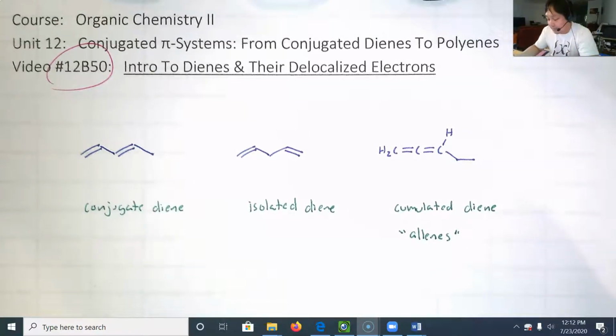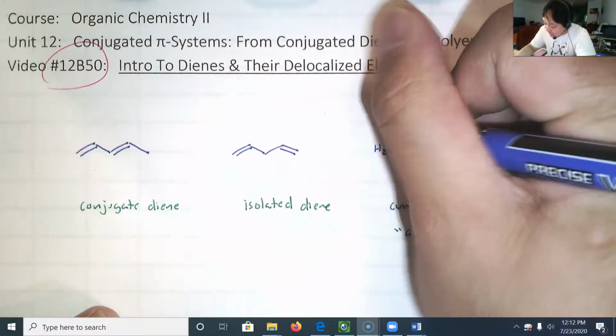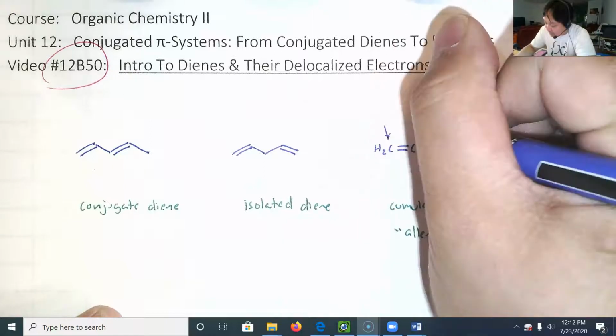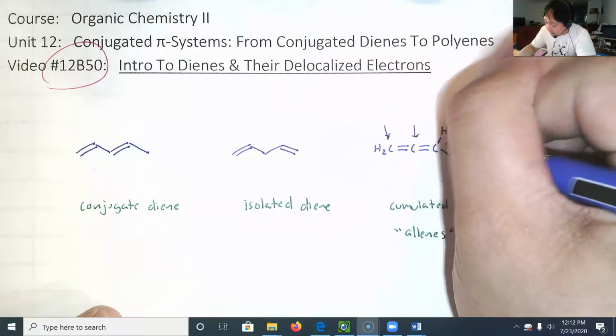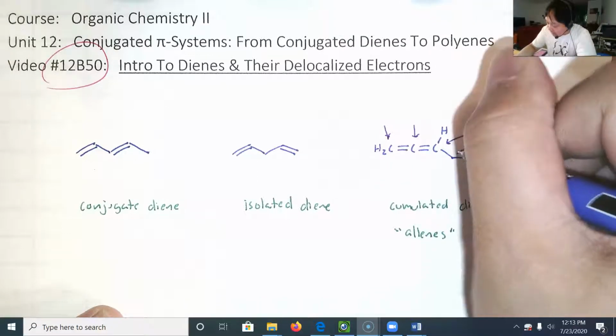My question to you all is, can you assign the hybridization of every carbon in each of these 3 molecules? Okay. Let's start from the right this time. What's the hybridization of this carbon, this carbon, and one of these carbons right here?